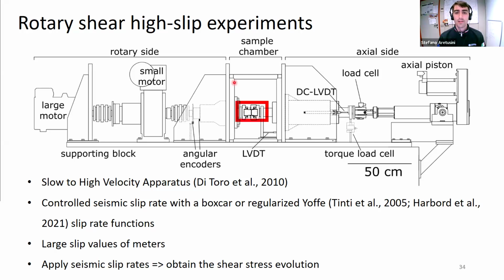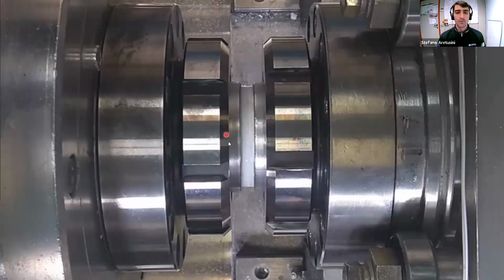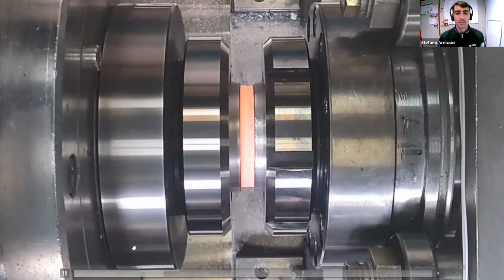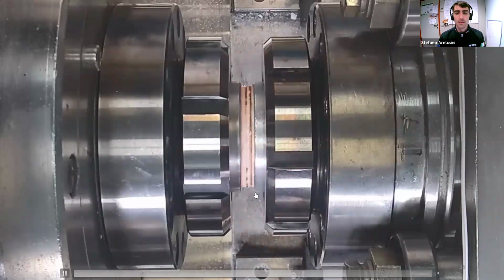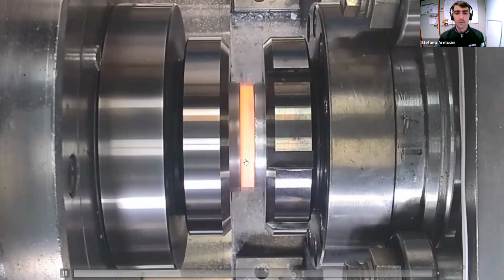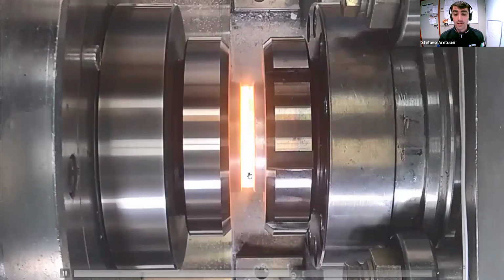If we go into the sample area, I'll show you directly one of the experiments run on marble samples. In this case, it was a rock sample, and during about four and a half seconds, we have 20 meters of slip at a maximum velocity of 6 meters per second.